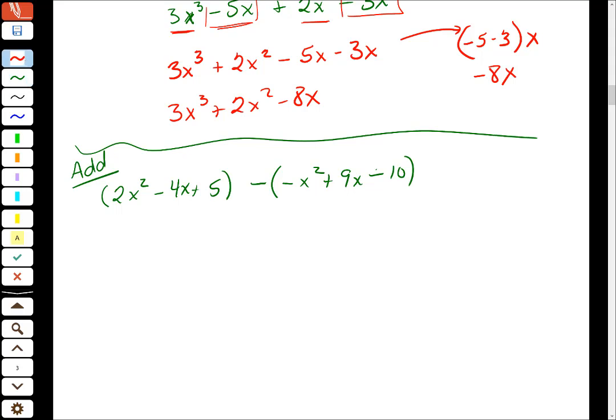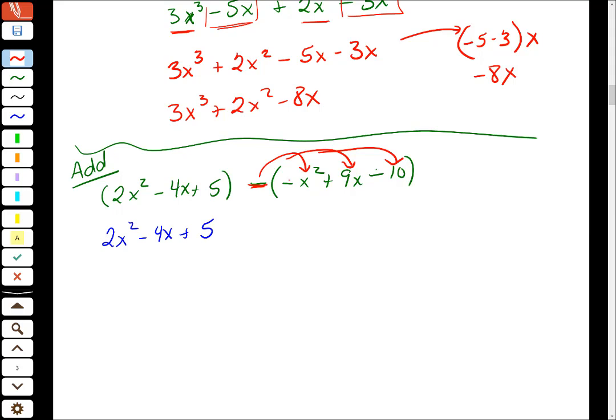So I'm just going to rewrite this. So here's this first polynomial. Now, you have to be careful. One of the biggest, most common mistakes that people make when they're just working with polynomials is sign errors. It just happens over and over. So this negative gets distributed to each piece here.